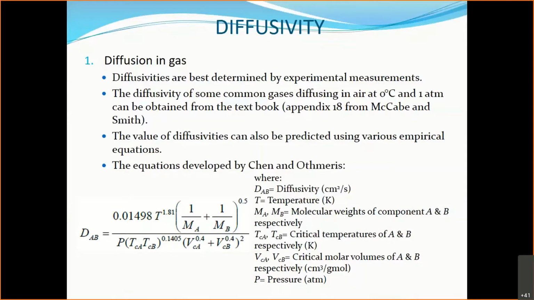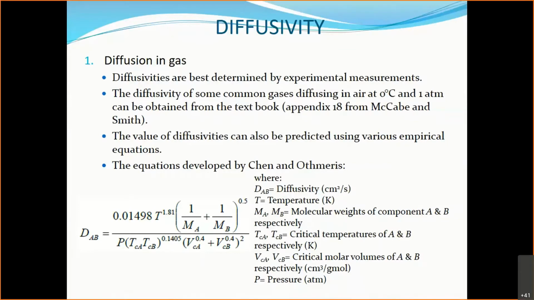These experiments have been run before by a lot of scientists. So the diffusivity of some common gases that diffuse into air, let's say nitrogen into air, benzene into air, methane into air, at 0 degrees Celsius and 1 atm.